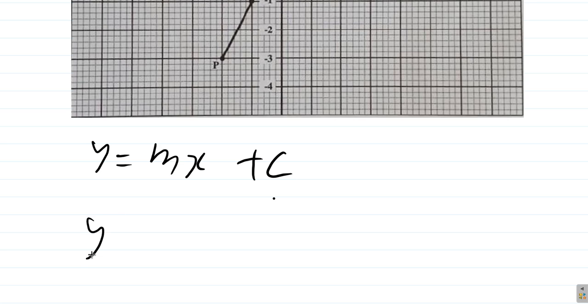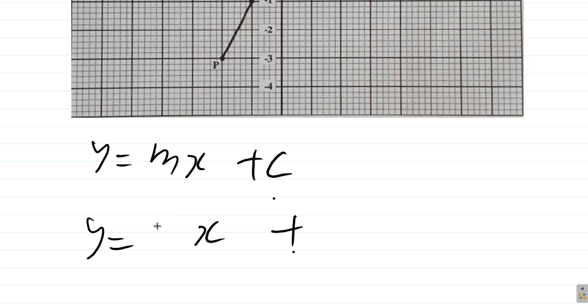Now, you have y equals mx plus c. X and y are variables. That means they vary, they change. They are not fixed. So you just have to keep them as y and x. So y equals something, x plus something. Those two will be constant. You remember what m means and what c means?